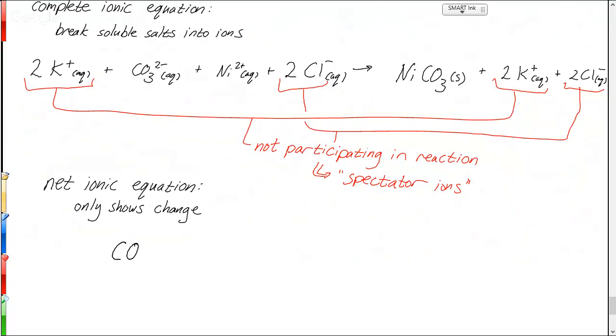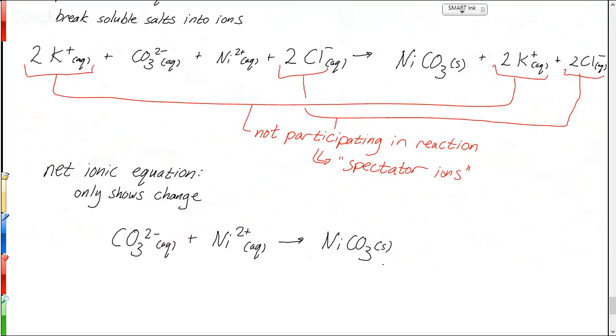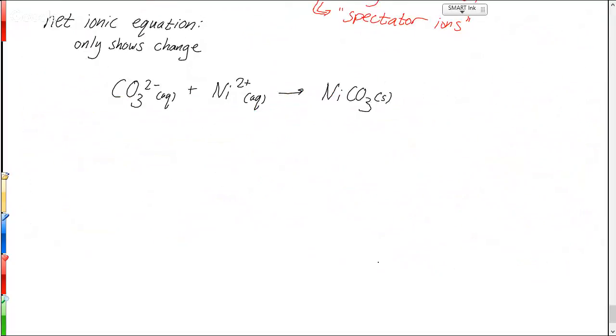So in that case, this would look like CO3 2 minus plus nickel 2 gives us solid nickel carbonate. All right.